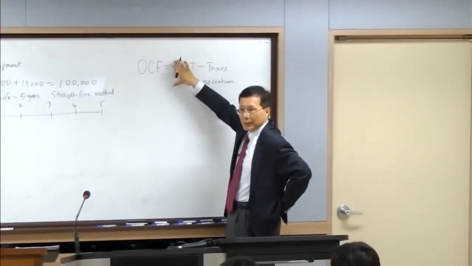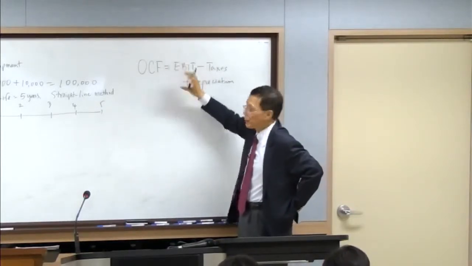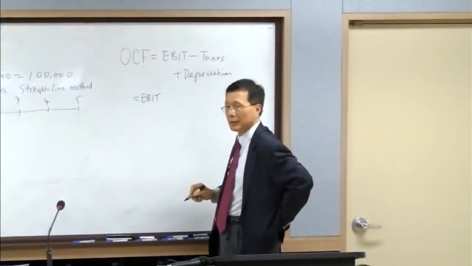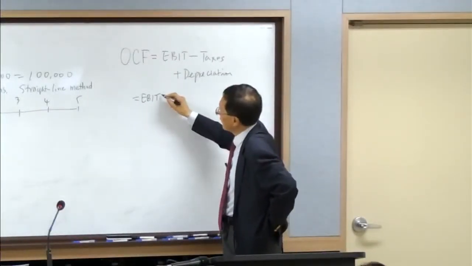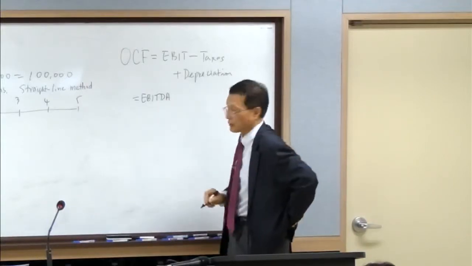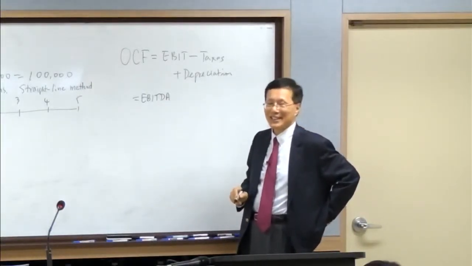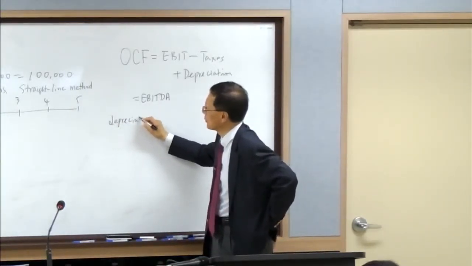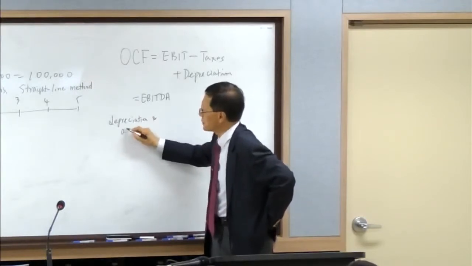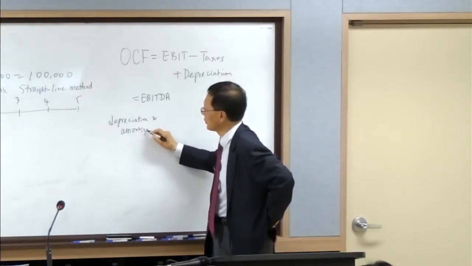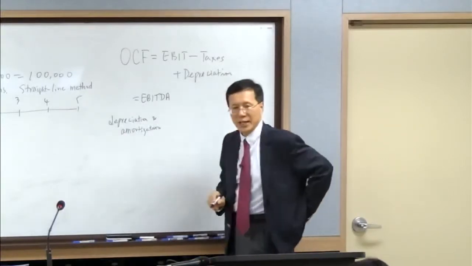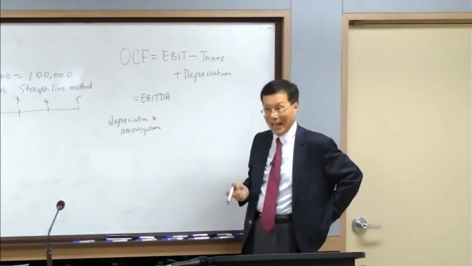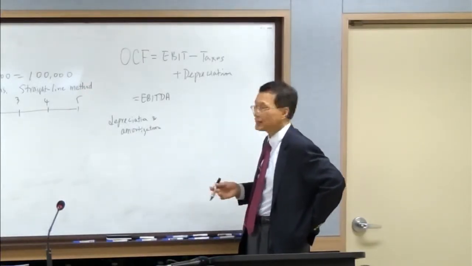Let me rewrite this in the following way. EBITDA: earnings before interest, taxes, depreciation and amortization. DA means depreciation and amortization. Depreciation is for tangible physical assets, and amortization is for non-tangible assets, like a patent.